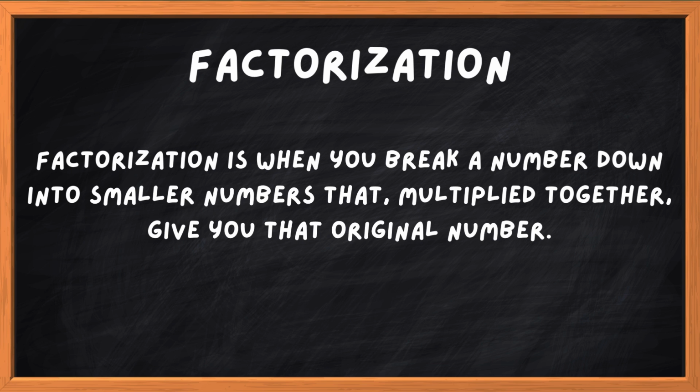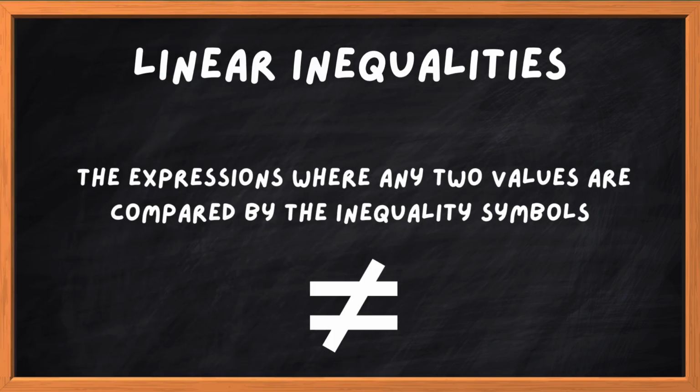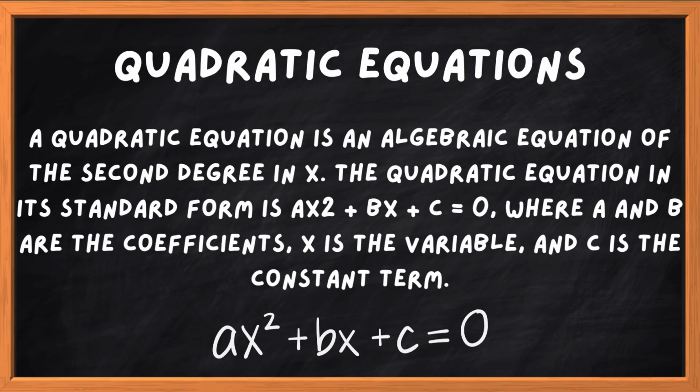Factorization. Factorization is when you break a number down into smaller numbers that can be multiplied together, and that gives you that same original number. Linear inequality. The expressions where any two variables are compared by the inequality symbol.